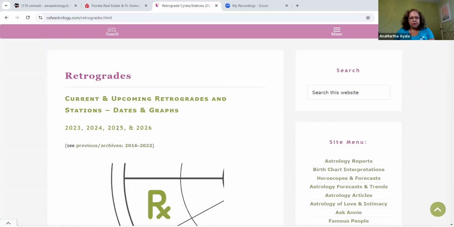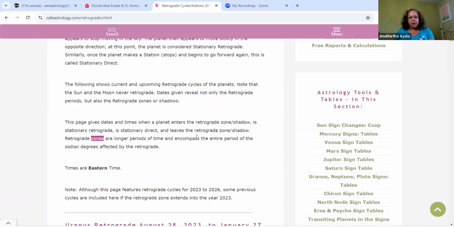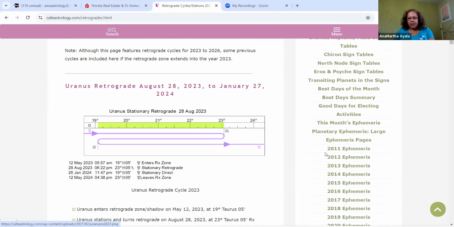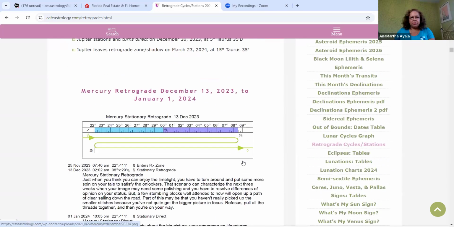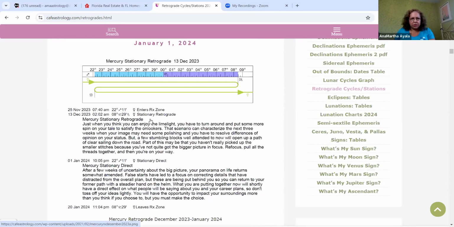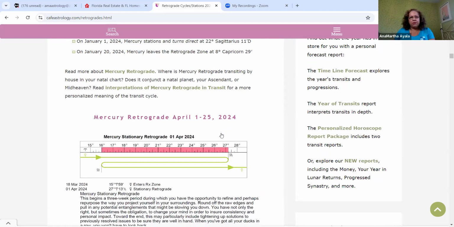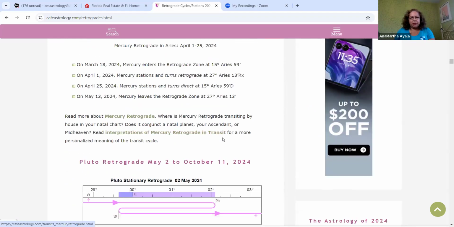Here you have the ephemeris for all of these years, so you can do without the book. It tells you the retrograde periods, the stationing, all the information that I'm about to give you, you can find on this website.